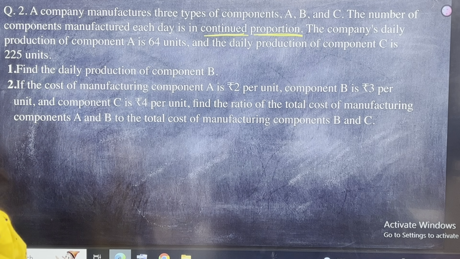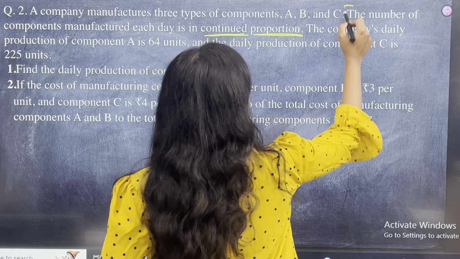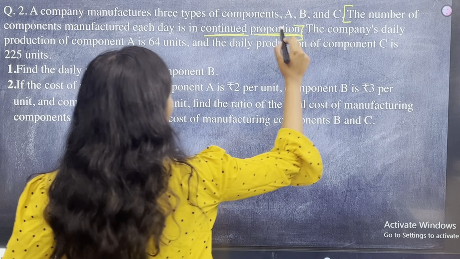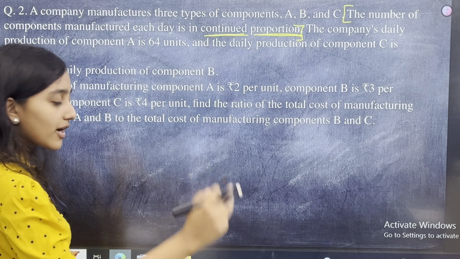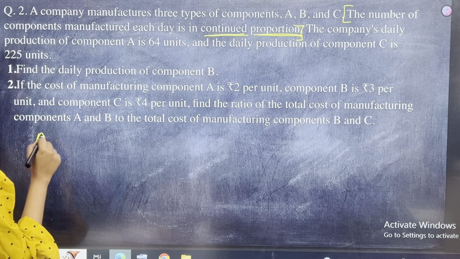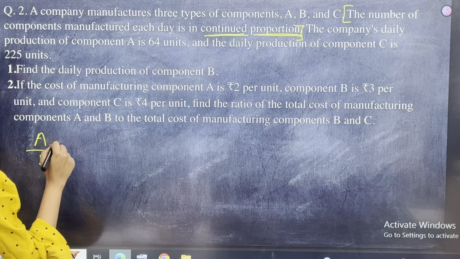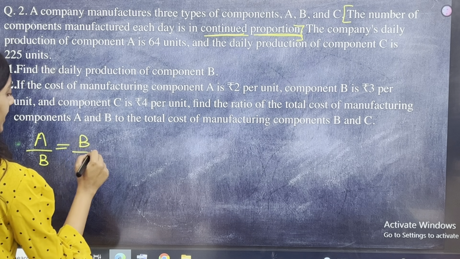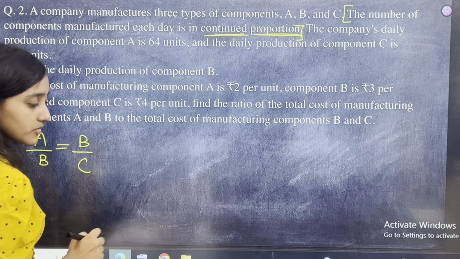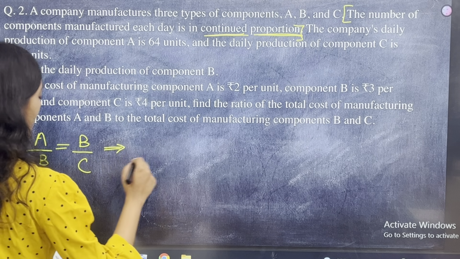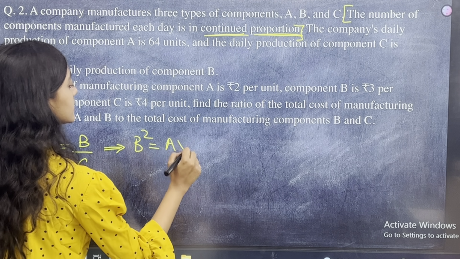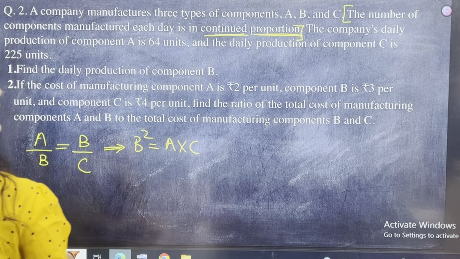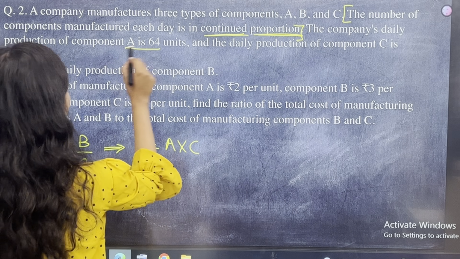They have said that the number of components manufactured each day is in continued proportion. What does this mean? There are three components which are manufactured, so it means A divided by B is equal to B divided by C. What does this mean? B square is equal to A into C. Do you know A value? The A value is 64.